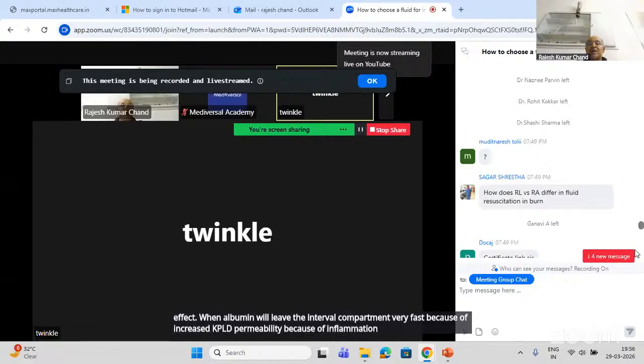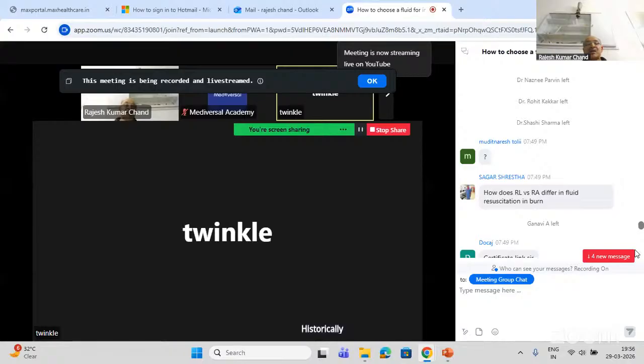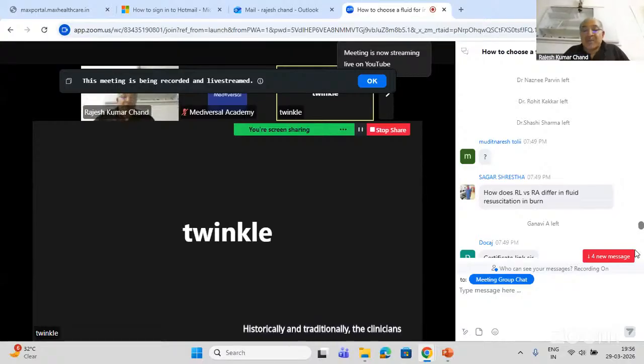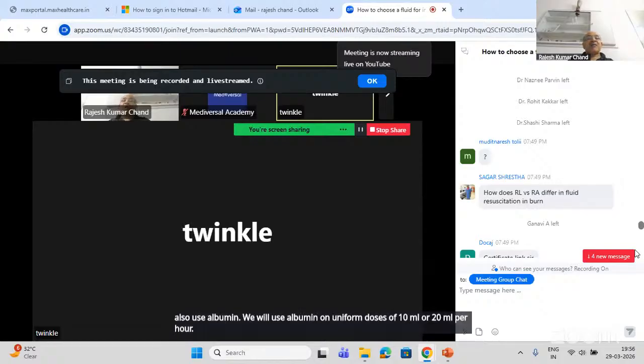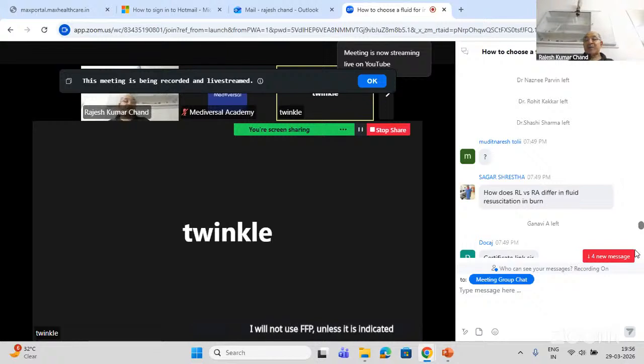But still, historically and traditionally, clinicians use albumin, so perhaps I will also use albumin. We will use albumin in uniform doses of 10 ml or 20 ml per hour. I will not use FFP unless it is indicated by thromboelastography, because FFP will be counterintuitive.